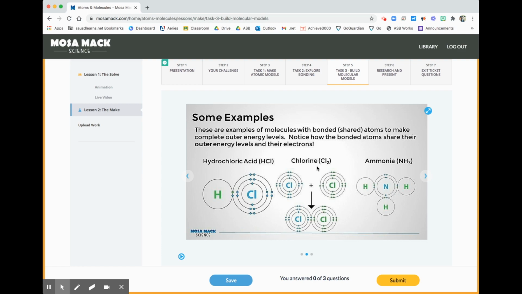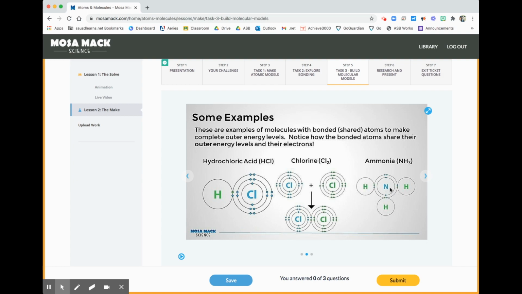Here we just have chlorine, 2 atoms of chlorine, both needing only one electron. They bond with each other, sharing that electron with each other to form Cl2, which is just a molecule of chlorine. And here we have ammonia, 1 nitrogen atom and 3 hydrogen atoms.